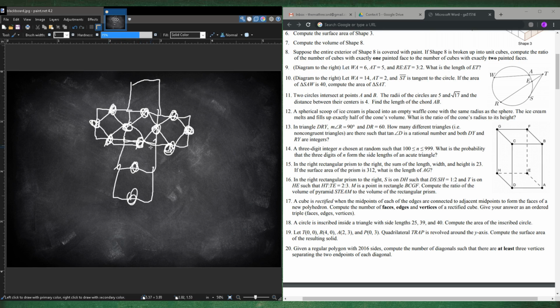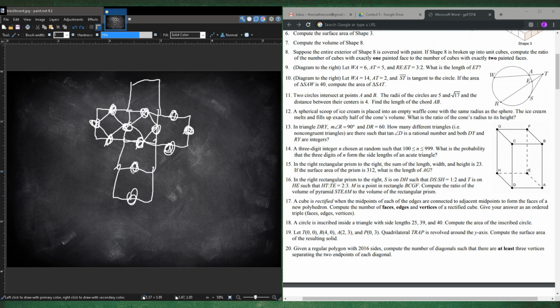It connects to only these two. And this one connects to this one over here. Connects to these two, connects to these two, and this one connects to those two. Sorry, I'm trying to think about how this looks.